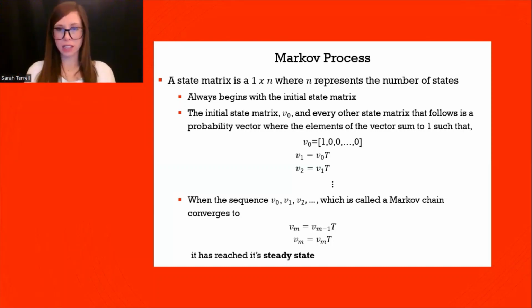A steady state tells us the long-term probabilities associated with each given state within that process. So what's the probability, generally, on any given turn and in any given game, that you're going to land on a certain space in the game? That's what the Markov process has given us using probability theory.